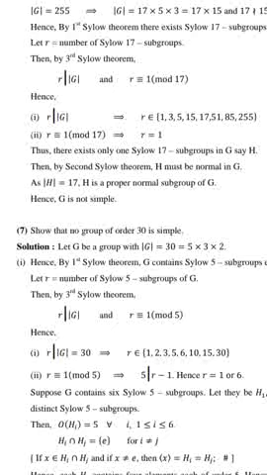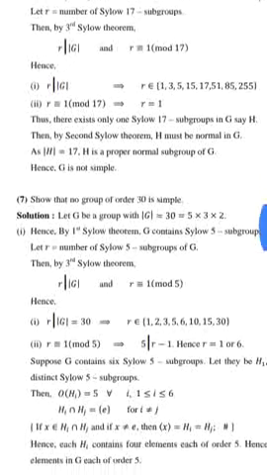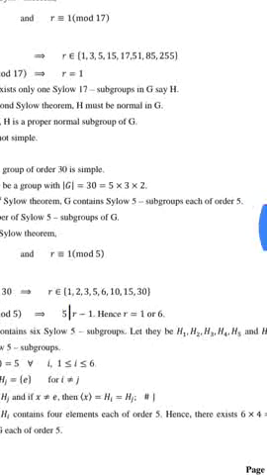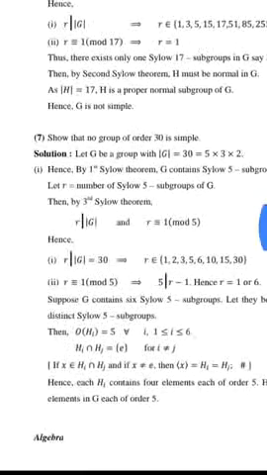Show that no group of order 30 is simple. Let G be a group with the order of G equal to 30, which is equal to 5 multiply 3 multiply 2. By the Sylow theorem, G contains Sylow 5 subgroups, each of order 5.